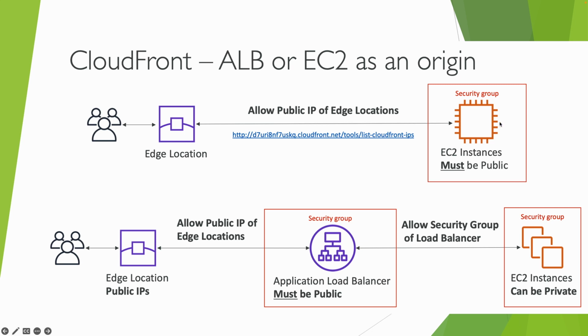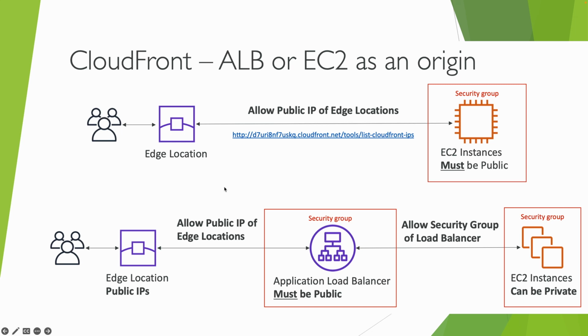To access this EC2 instance from CloudFront, the EC2 instance must be publicly available, internet facing, and have a public IP address. Whenever a user requests the EC2 instance, it gets the data and caches it in the edge location. Whenever other users in the same region request the same page, it gets the data from the edge location, or CloudFront, and serves the other people.